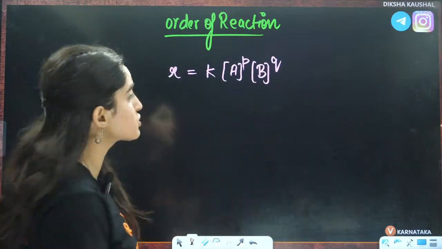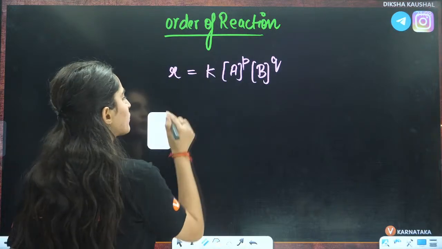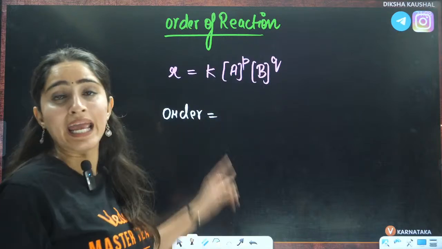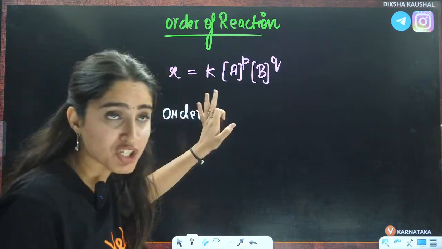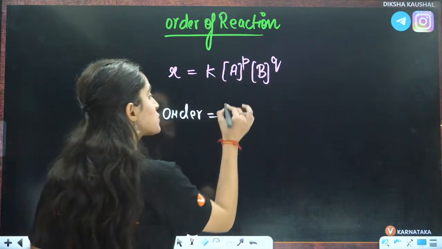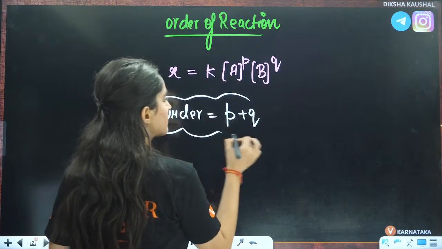Order of the reaction is going to be N, or you can just directly write, in this rate law expression, what is your power on the reactants, that is P plus Q. That is going to be the order of this reaction.